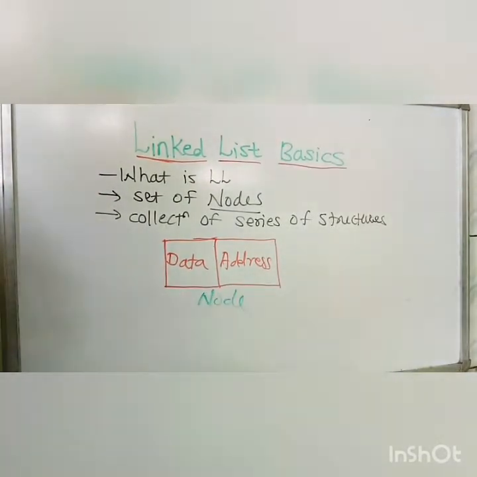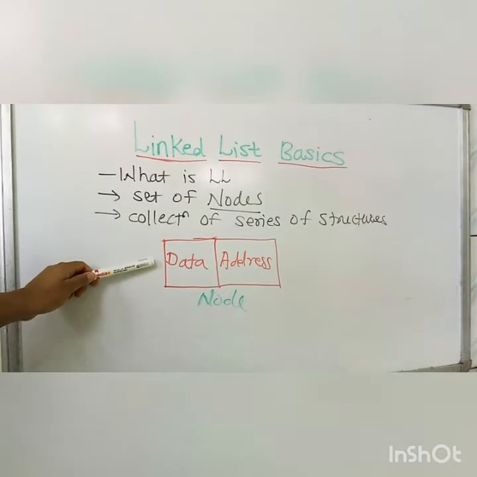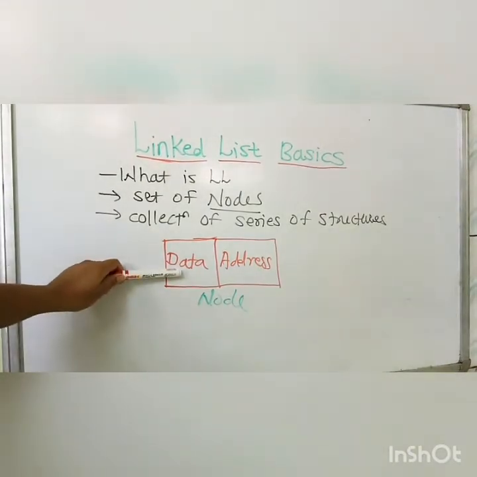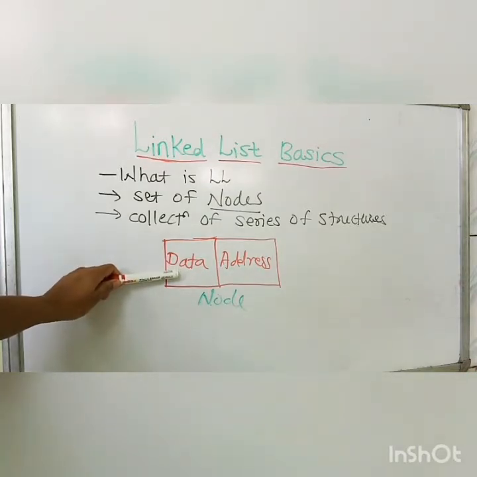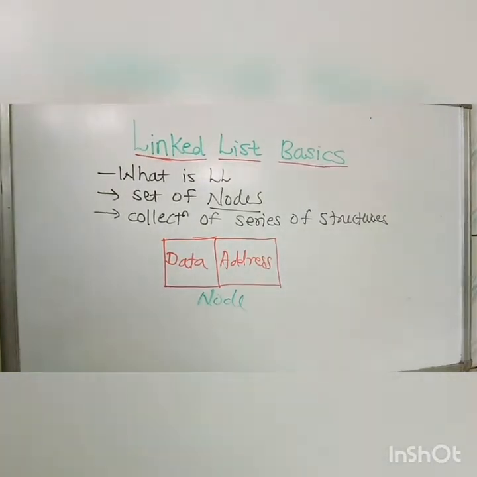One data element of your list is represented by this single node structure. What is the data? Data is the actual element for which we are creating the linked list, and address is a pointer to the address where we are storing the next data element.